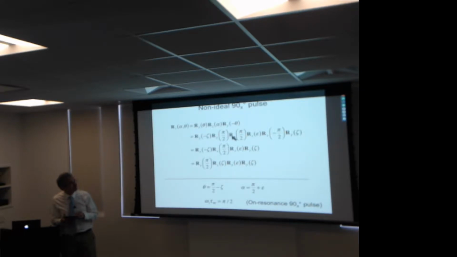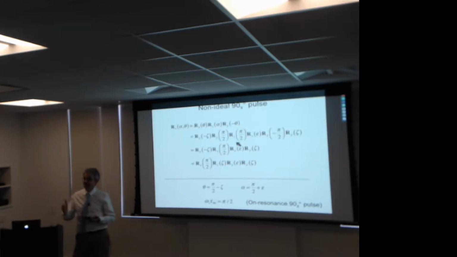So this is a rotation around the z-axis, and we can ask, if we rotate around z by 90 degrees, what do we get? And the right-hand rule would say that a rotation of z around the y-axis by 90 degrees is an x rotation. So I've made use of that here. And what I didn't show, I have the minus 90-degree rotation over on the other side. So the middle two, I can get rid of the two y rotations by acting on the two z rotations, and that was done.